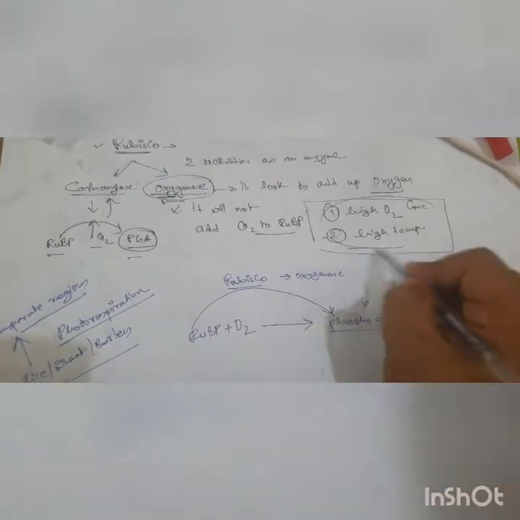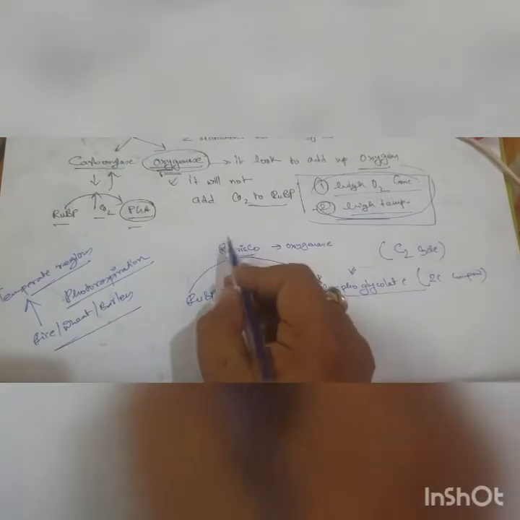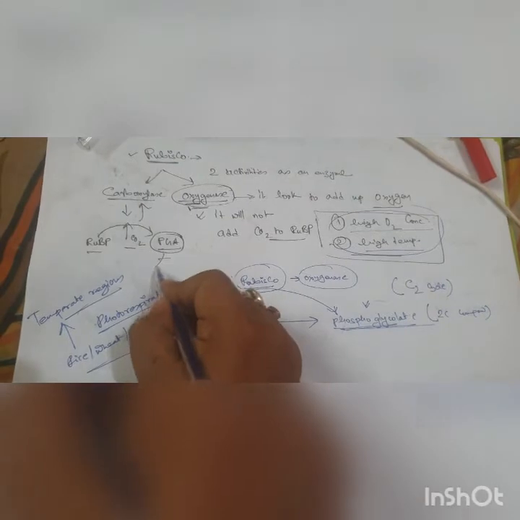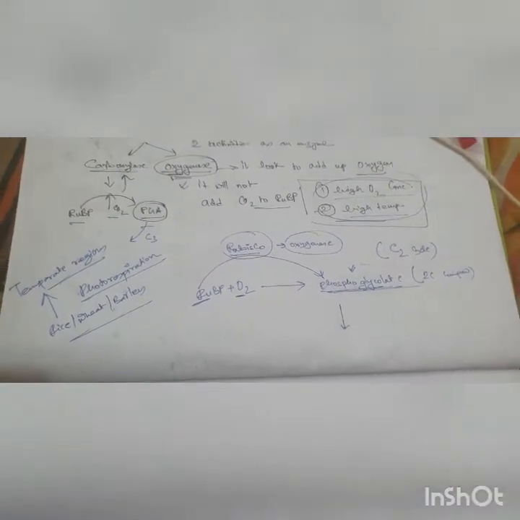Because they grow in temperate regions, they face high concentration of O2 and high temperature, and hence their Rubisco acts as oxygenase also at a high intensity, and RuBP binds with O2 and forms phosphoglycolate and not PGA. From PGA, the C3 cycle or the production of glucose will proceed, but here, because phosphoglycolate is formed, it will run into a different kind of cycle which I'll tell you.